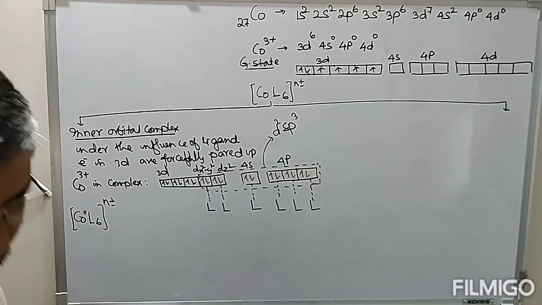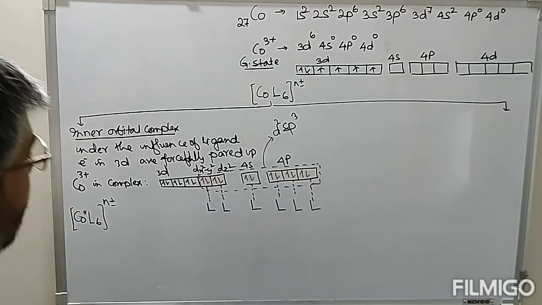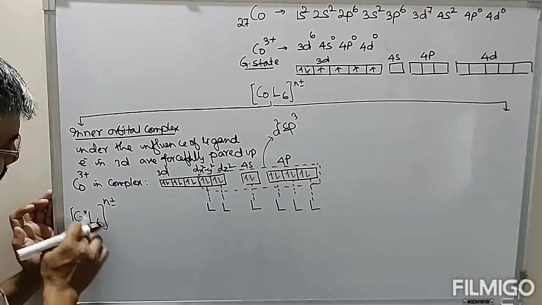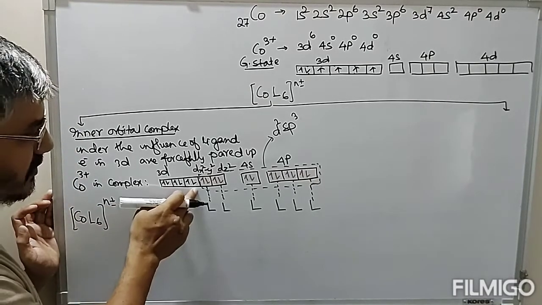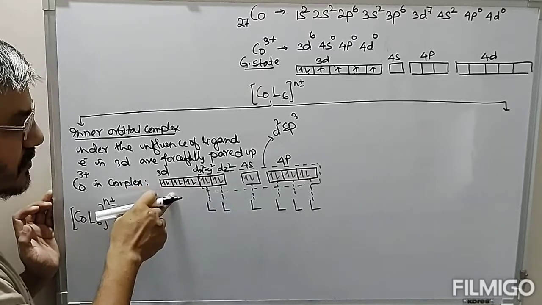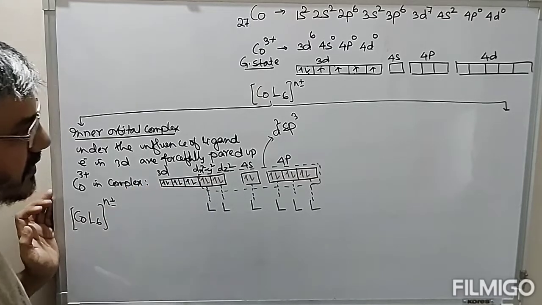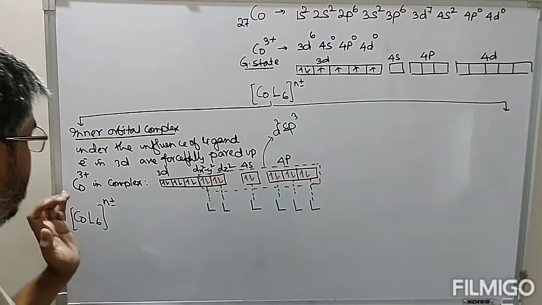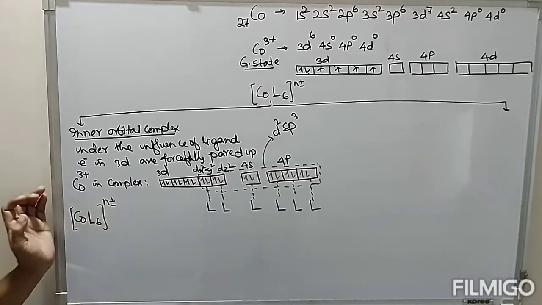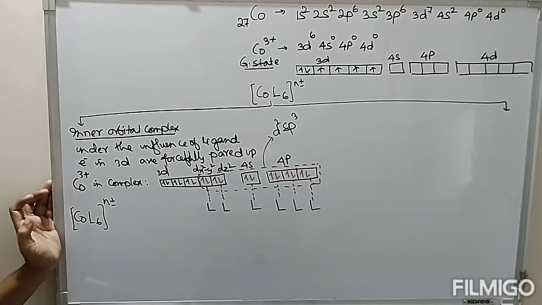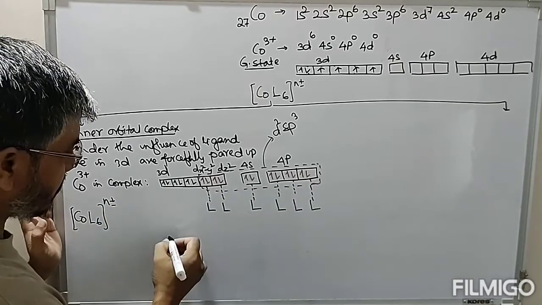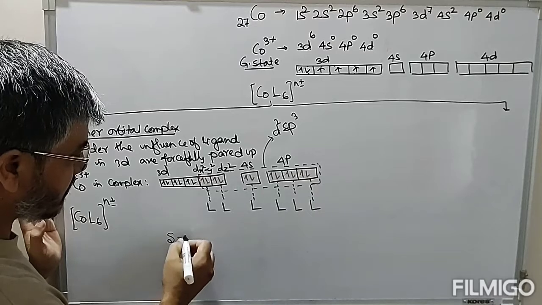Now look at this. After the formation of the complex, under the influence of this ligand, electrons in the d orbitals are forcefully paired up. Since electrons are forcefully paired up, if you look at the electronic structure of this cobalt plus 3 in the complex, there are no unpaired electrons. So the resultant spin quantum number is 0.